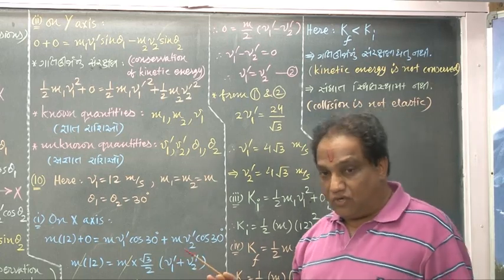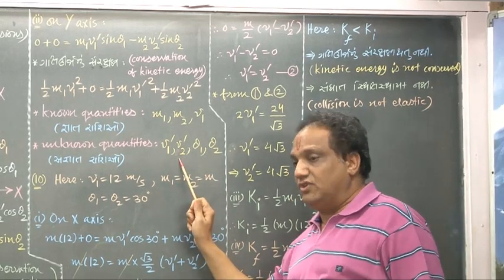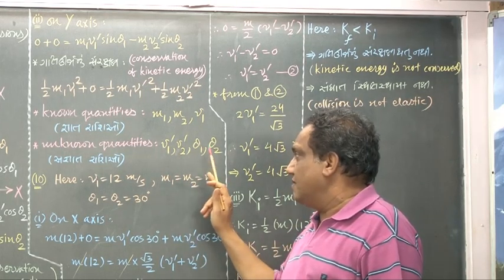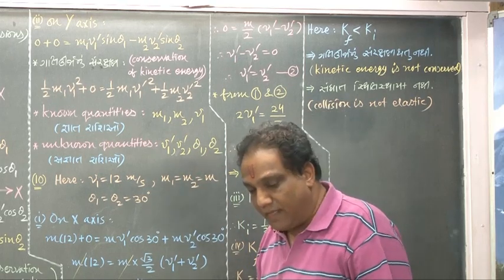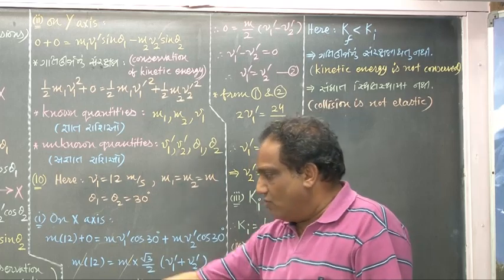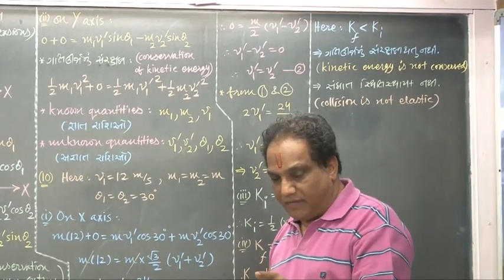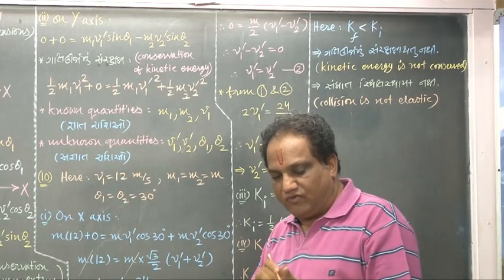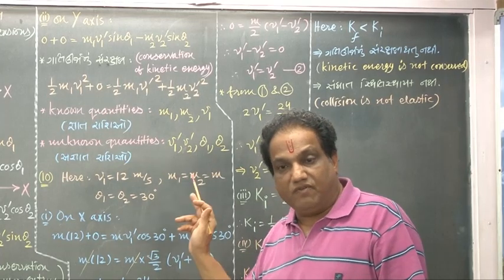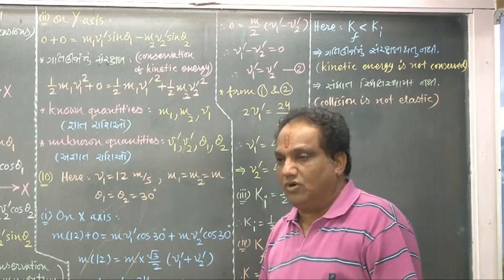Here we want the final velocities of both the bodies, and at the same time we want the angles, which determine the directions of the velocities. So in all we want 4 quantities, but we have only 3 equations. As many unknown quantities as you want to find out, you should have that many equations. So that is not possible.